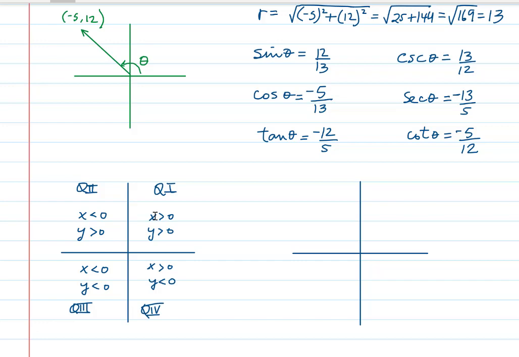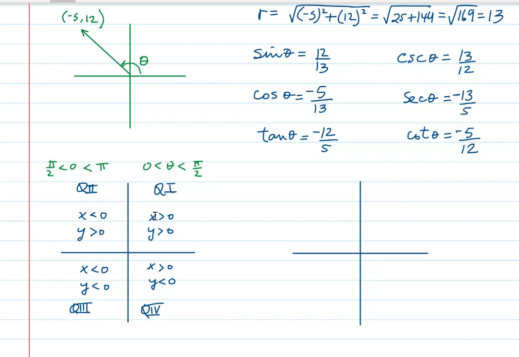So we know the first quadrant goes from 0 to pi halves. So theta between 0 and pi halves, and I'm staying in radians here so that we can start getting used to the radians. The second quadrant would be from pi halves to pi.